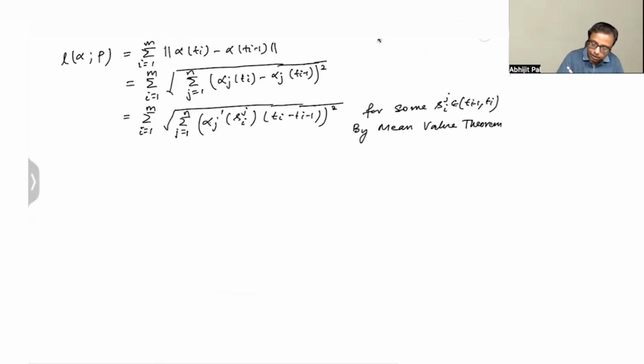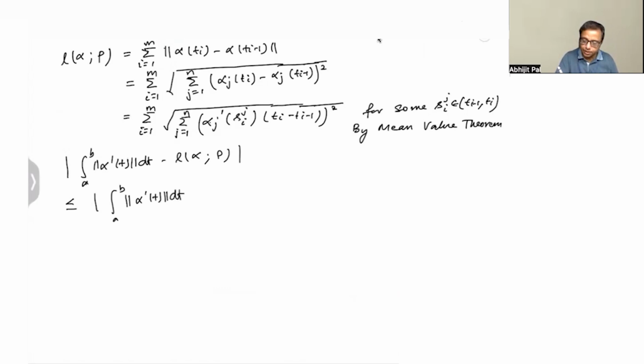Okay. And now let us take the mod of this difference. First you apply the triangle inequality. So you'll get this thing.